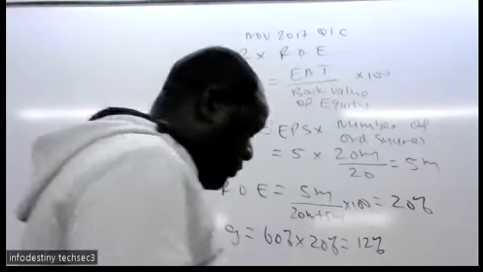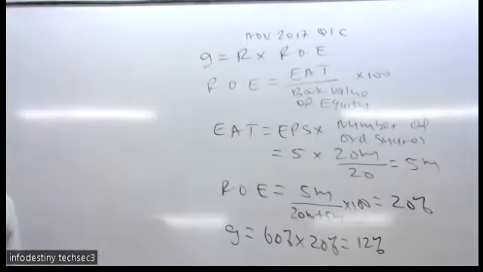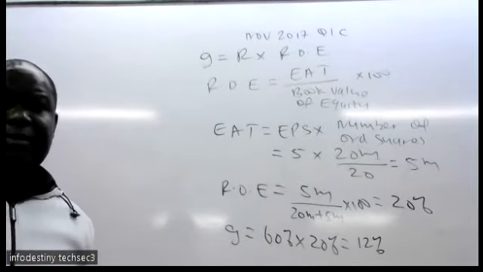So after that, we now go to the Roman letter 2. In Roman letter 2, you are to calculate the cost of the ordinary share capital.